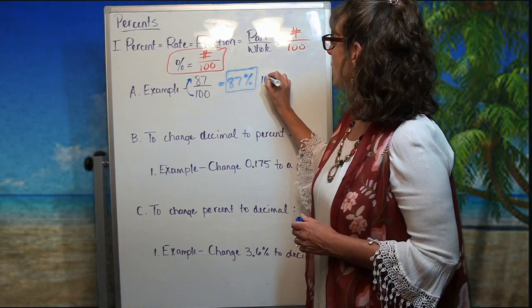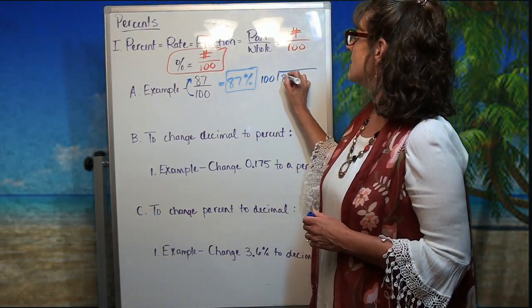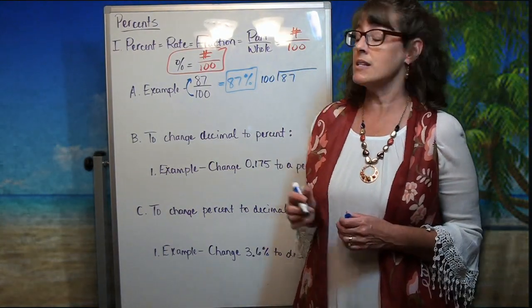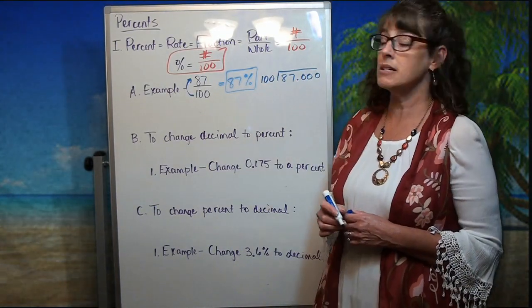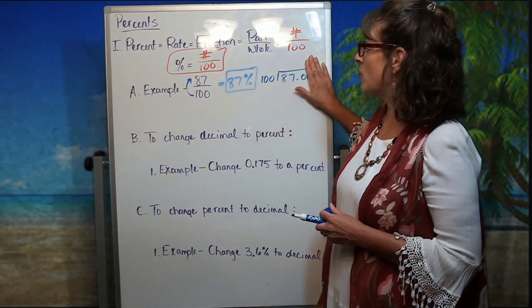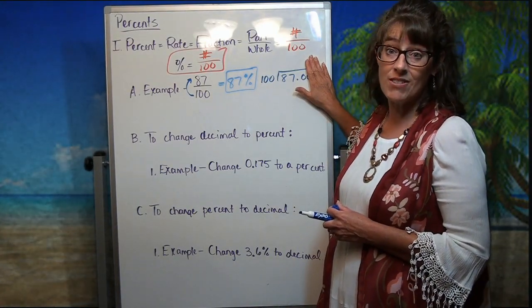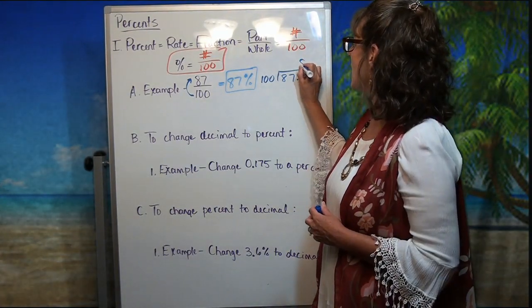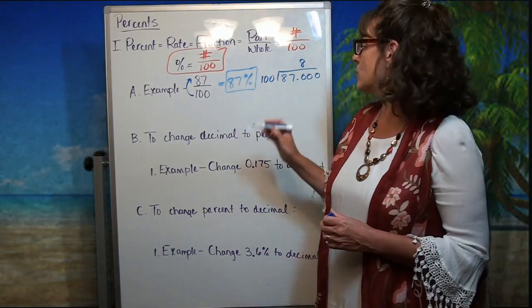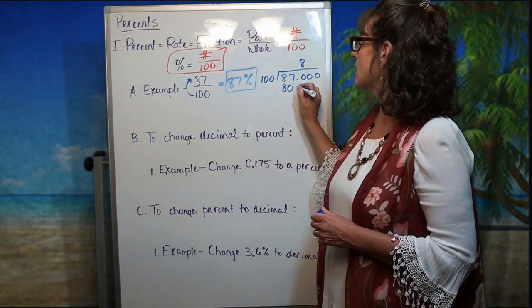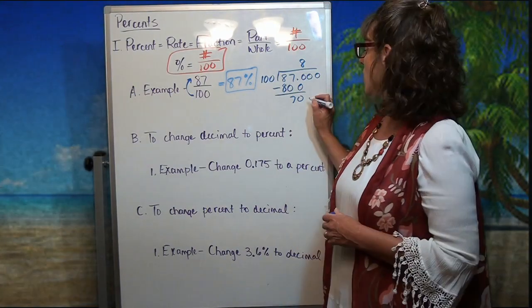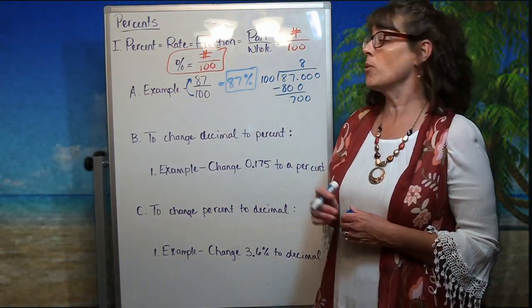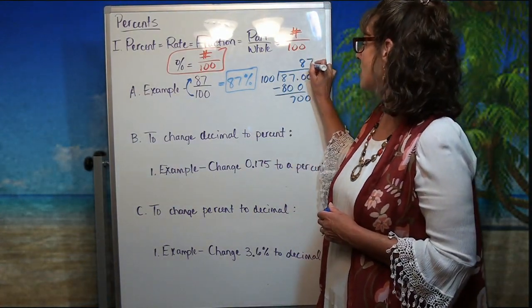Now when we divide 100 into 87, we know that it won't go into 87, so we put a decimal point and string a bunch of zeros behind it. So now 100 will go into 870, and it'll go in 8 times. And 8 times 100 is 800, which we'll write down here. We'll subtract and get a remainder of 70. Then we drag down that next 0, and 100 goes into 700 7 times.